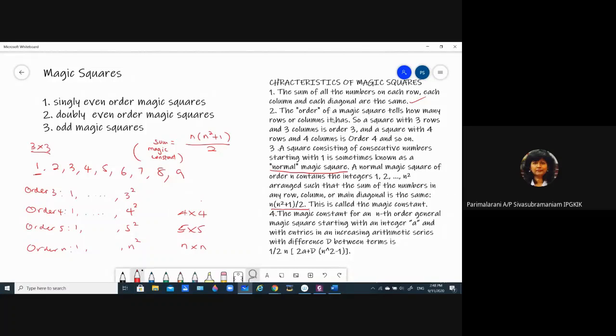So if your numbers are all in consecutive order starting from 1, you can use this formula to find the sum in each row, in each column or in each diagonal. But if you have a sequence of numbers starting with integer a, with entries in an increasing arithmetic series, arithmetic series means the difference is the same, like 2, 4, 6, 8.